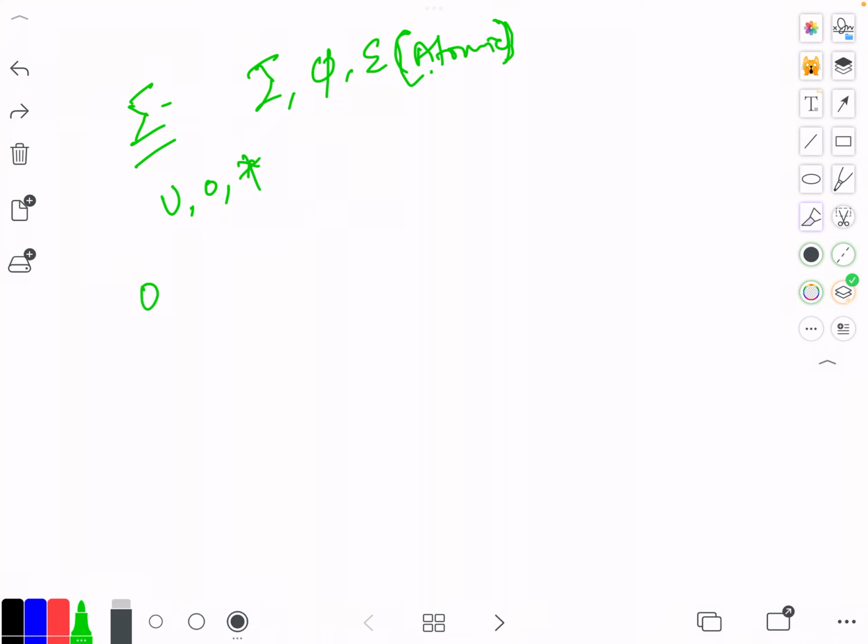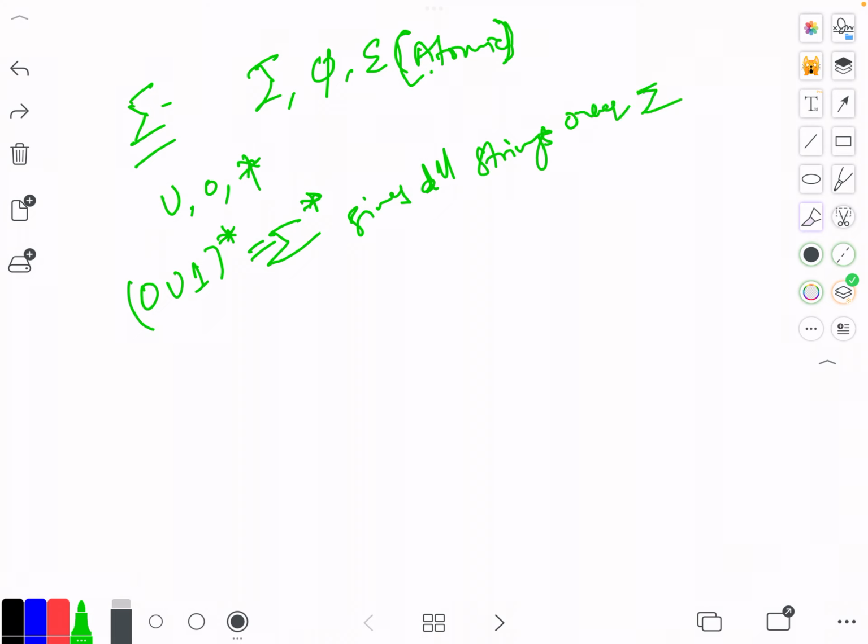So for example, (0 union 1) star gives all the strings of sigma.